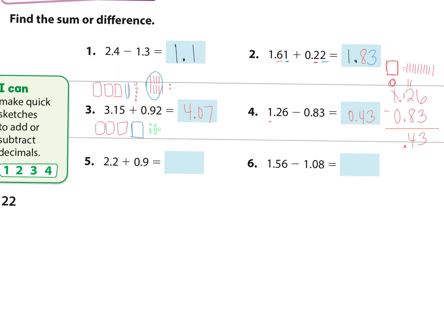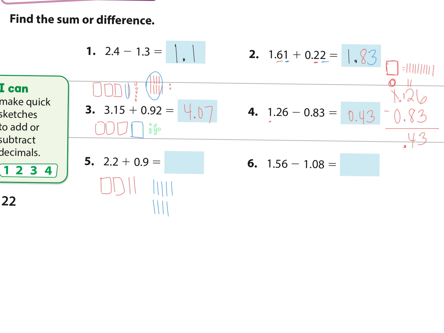Okay, looking at number 5, you're adding again. So I have 2 wholes and I have 2 tenths, and I'm adding 9 tenths to it. If I was to model this, which I know looking around the room, some of you did not, and that's okay. It's totally fine. If I did model it, I would have 2 flats and I would have 2 rods to represent my first number. On this second one, I would just have 9 rods.